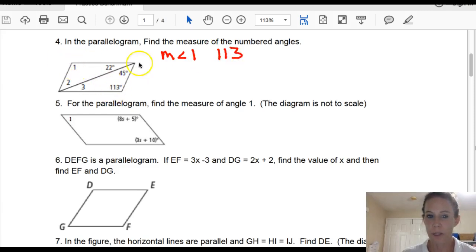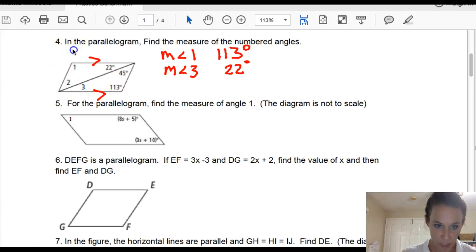We also know, since this is a parallelogram, these lines are parallel. And if you extend the lines out, this would be a transversal. So alternate interior angles will be congruent. So if this is 22, the measure of angle 3 will also be 22 degrees. All right. If these are parallel and this is a transversal, let's go ahead and do these being parallel.